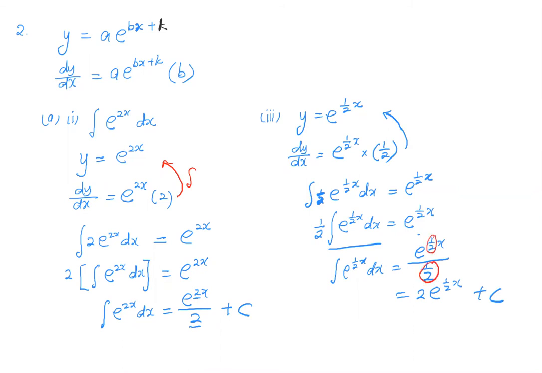So now you tell me, if I have integration of e to the power of ax plus b, so what is my answer? I will copy down the whole thing.